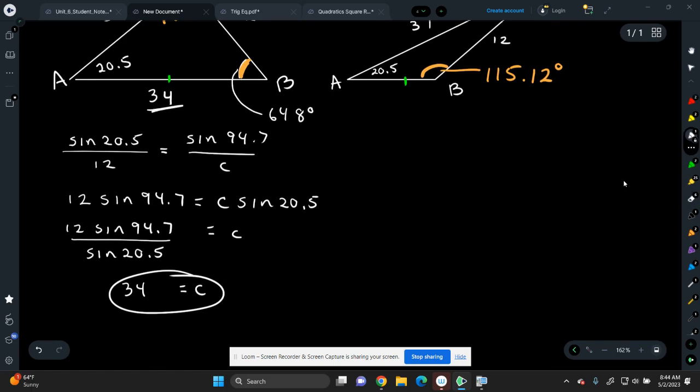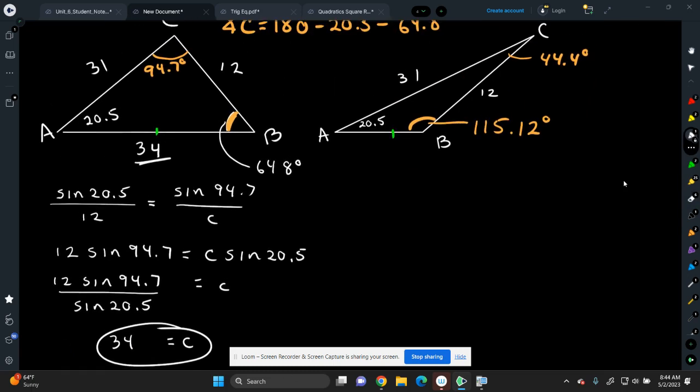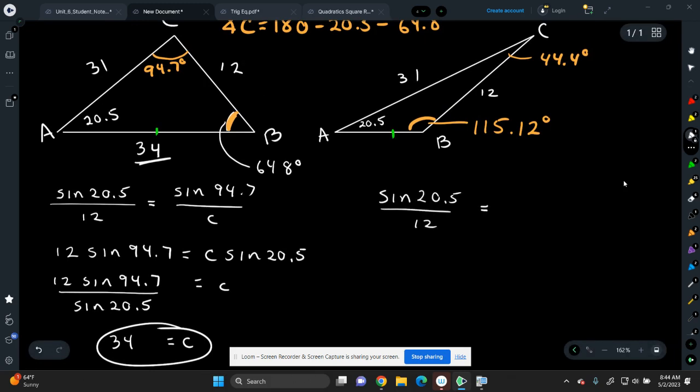And then working on the other triangle, we're looking at sine, let's say angle A, so sine 20.5 over 12 equals, now I'm looking for side C, so sine 44.4 over C. 12 sine 44.4 equals C sine 20.5.